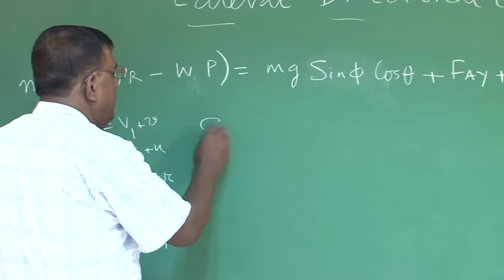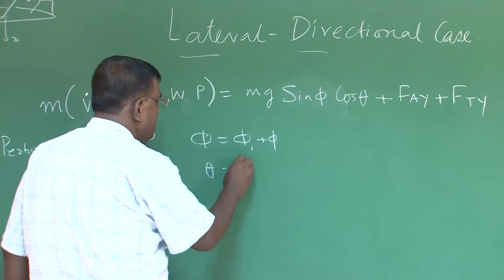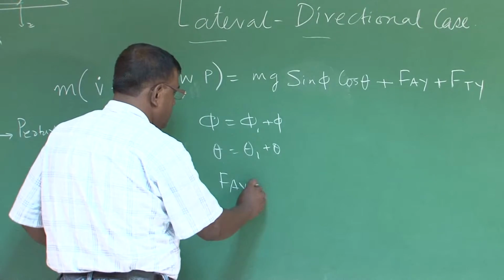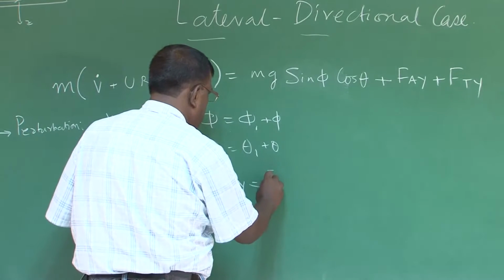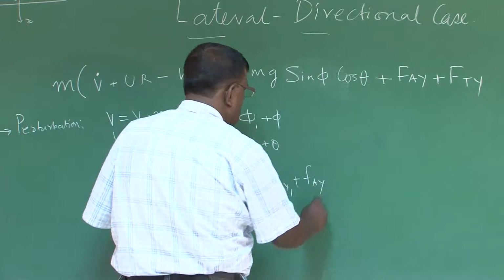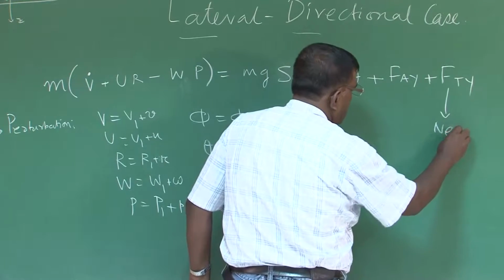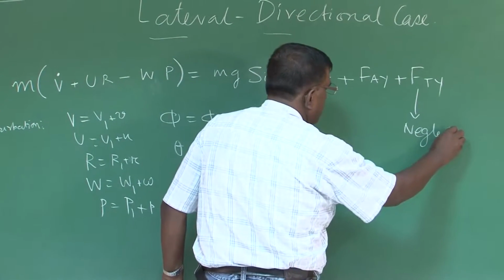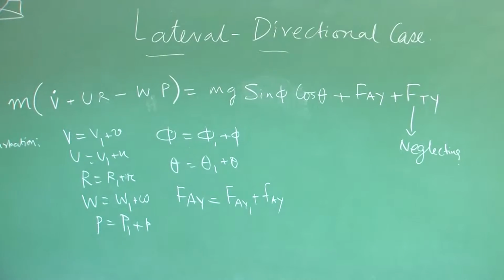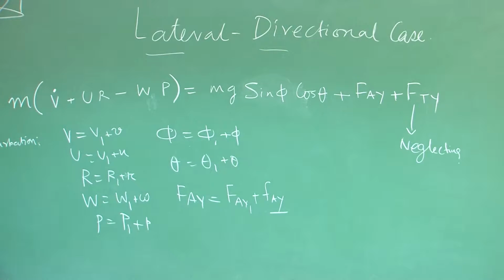Similarly, phi equal to phi1 plus small phi, theta equal to theta1 plus small theta, then F_A_y is equal to F_A_y1 plus f_A_y. I am neglecting the thrust component, with the understanding that we know how to handle it if I know how to handle the F_A_y term. What was F_A_y? It is the perturbed aerodynamic force along the y direction.